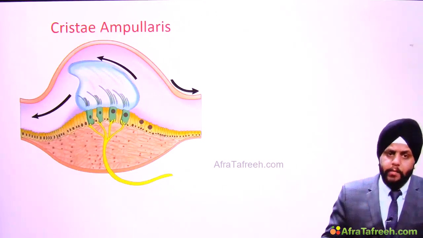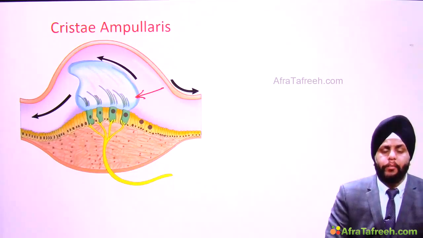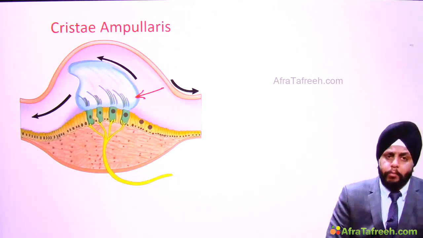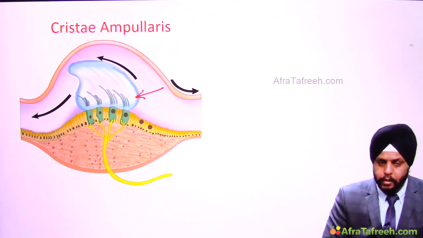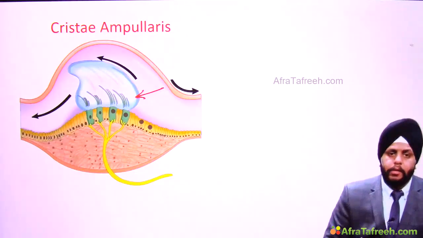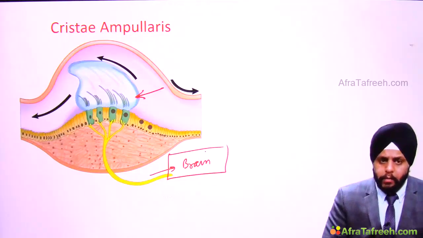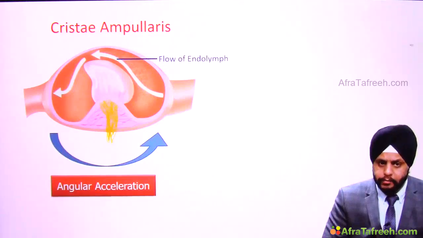Because the cupula is bent, the cristae ampullaris have also bent. When the cristae ampullaris are bent, they generate a nerve impulse. This nerve impulse then goes to the brain, and by this motion we are able to detect the angular acceleration.